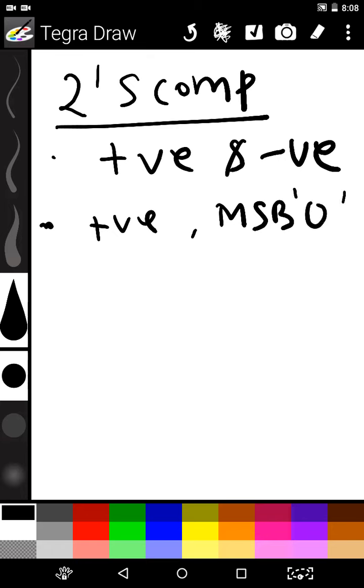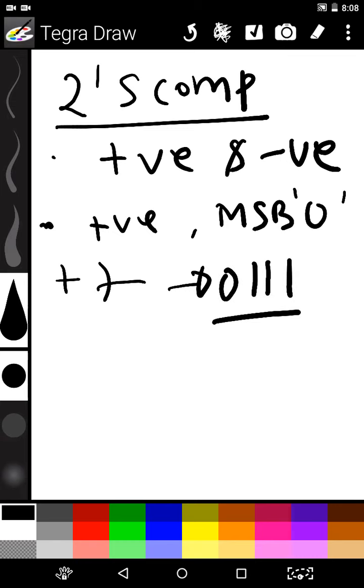Let's say +7 is expressed in 2s complement. In the 2s complement method, +7 will be 0 1 1 1. This is as normal. Every positive number can be expressed similarly to the previous one.